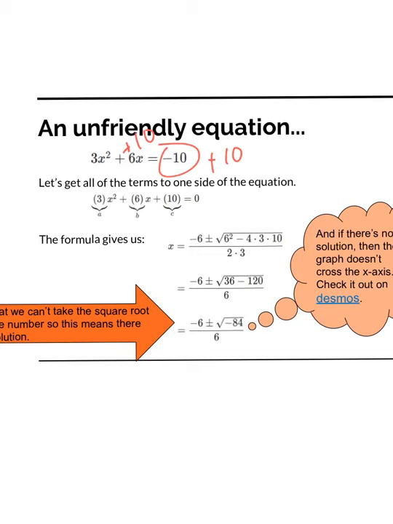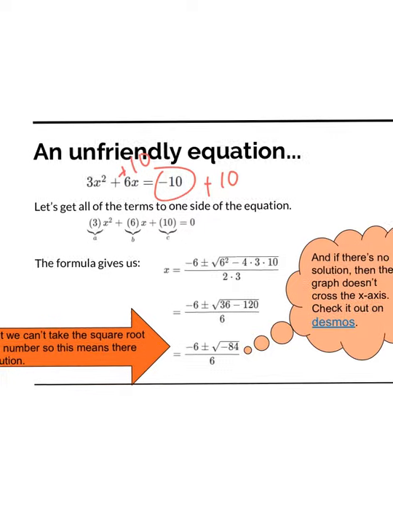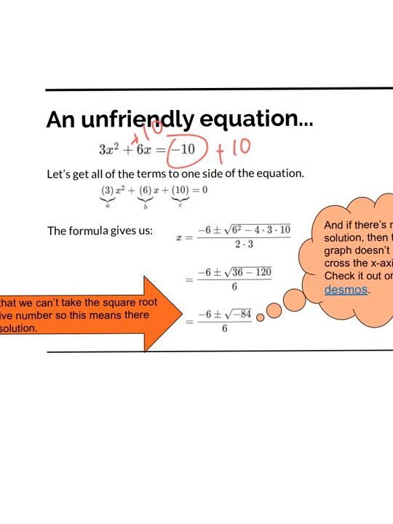So when we substitute all these numbers in, we'll do underneath the radical symbol here. You have 6 squared minus 4 times 3 times 10, so that's your b squared minus 4ac.